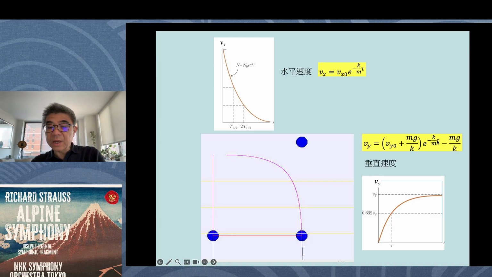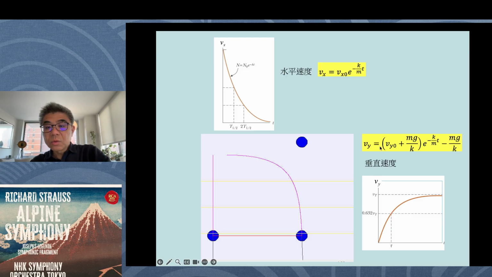When t becomes larger and larger, then this term becomes smaller and smaller. Therefore, the difference between Vy and minus mg over k becomes smaller. So here, I should probably put this Vy as minus Vy, because this Vy actually is downwards, and therefore if you want the vertical speed, then you probably need to make it negative.